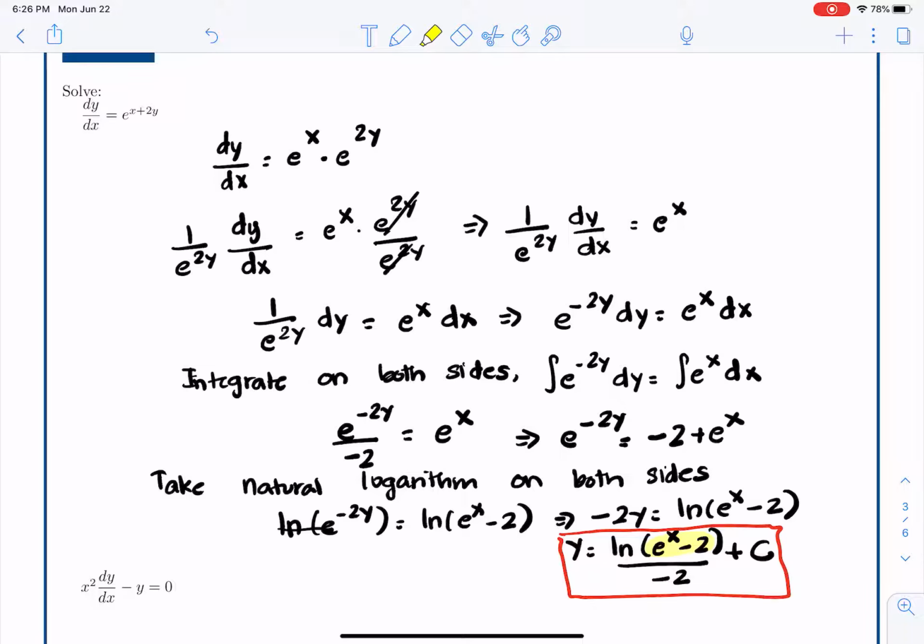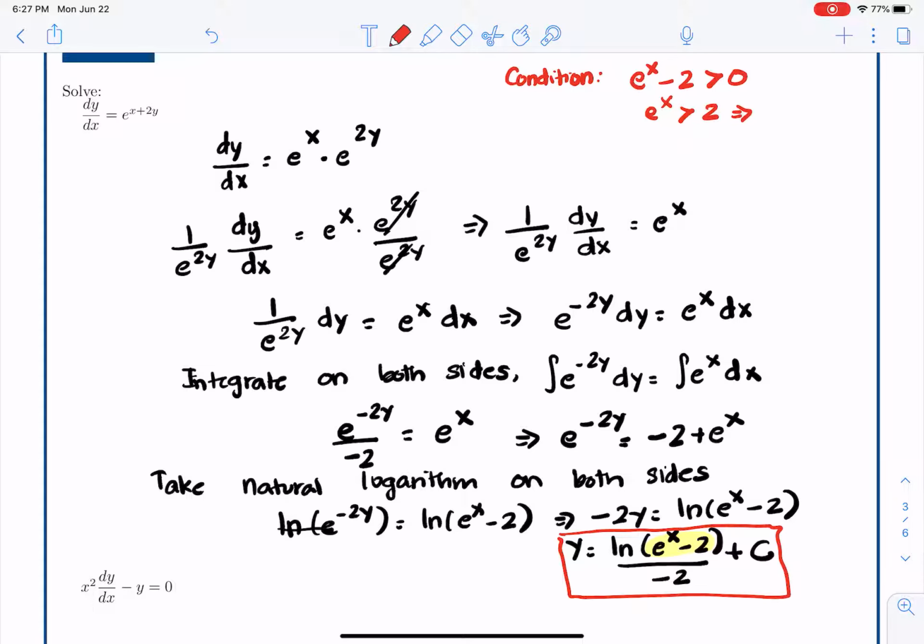So the condition here: e raised x minus 2 has to be greater than 0. It can't equal 0, which would mean e raised x has to be greater than 2.